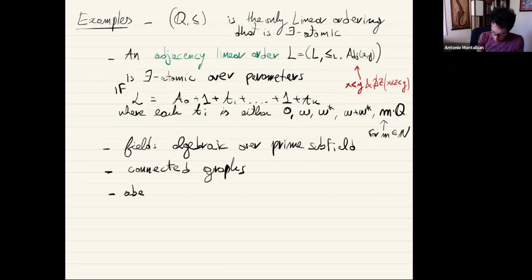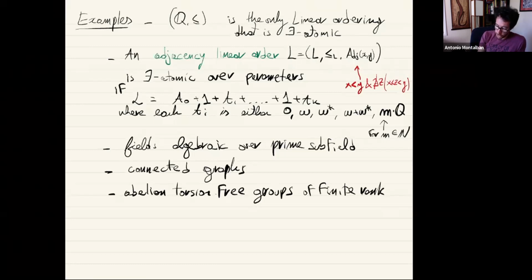Abelian torsion-free groups of finite rank are also existentially atomic over parameters. So there are a bunch of things.